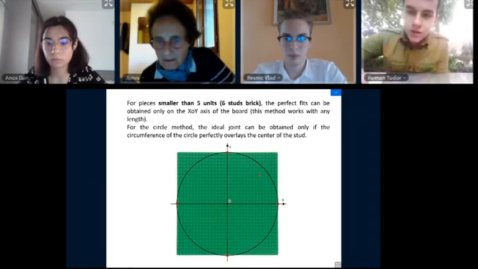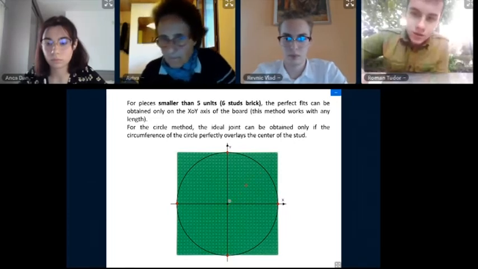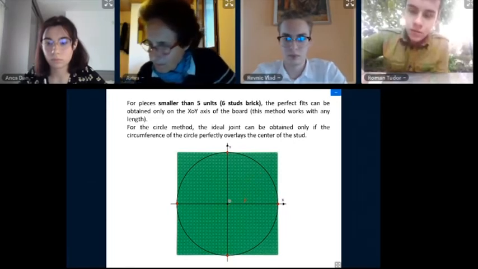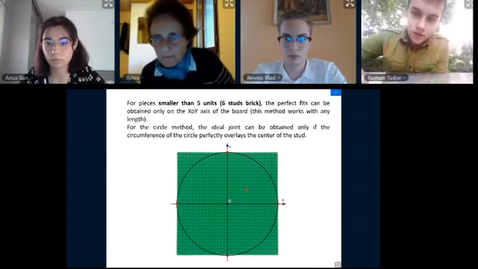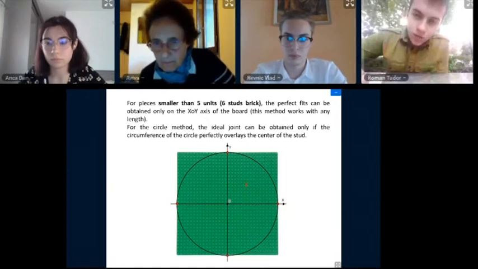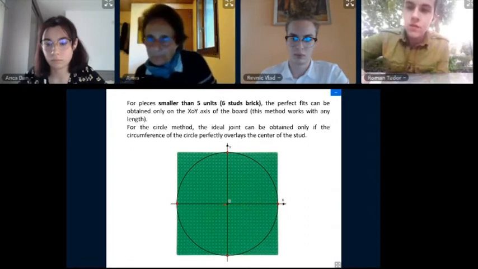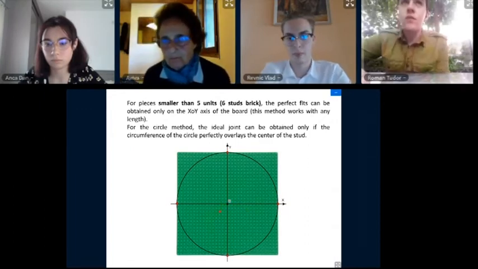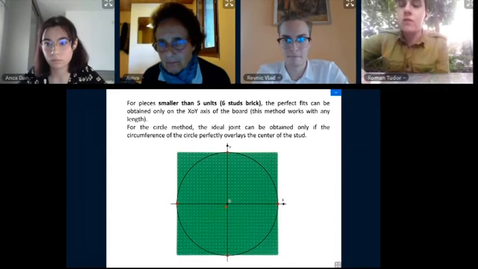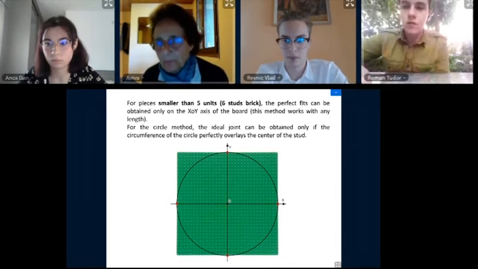If the radius is a Pythagorean number, let's say the connection will be here. We can draw the projection of that point on the OX, and we have a Pythagorean triangle. So the triangle method is most likely an extension of the circle method. Okay. Thank you.